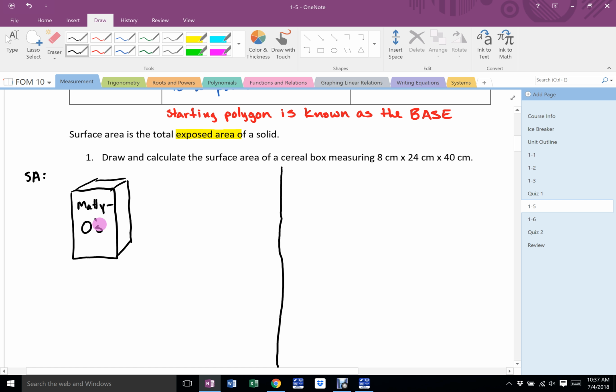Right now, most of you would say, oh, that's sitting on a table. So I bet most of you would say that was the height. Would you? Okay. So which one of those measurements could I put there? 40. Okay. Then what would you say was this one?